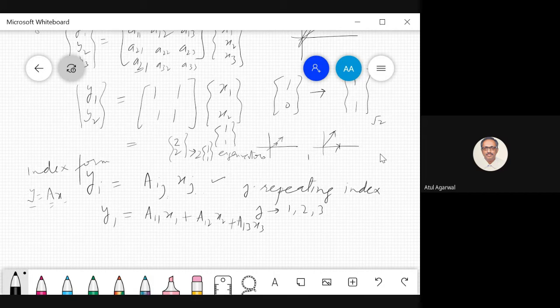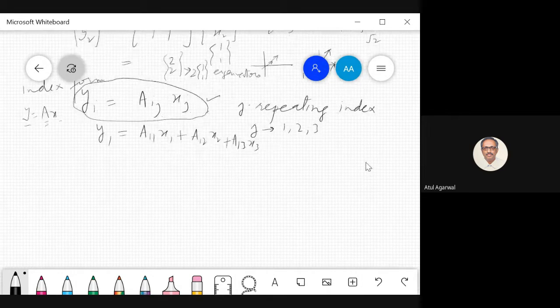Similarly, y2, y3. So you have got three equations. This statement gives you three equations, and you have shortened a lot. That is the advantage of this notation. You can write a long equation in short.